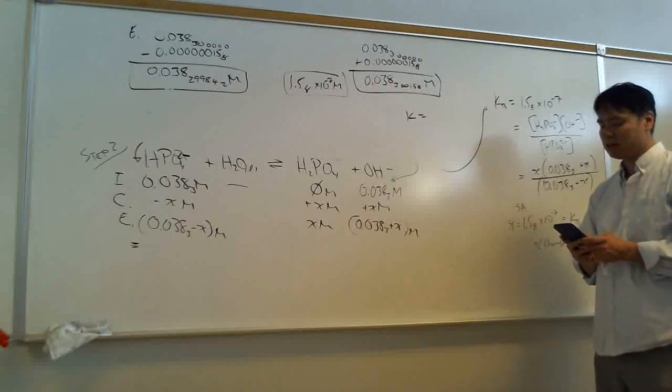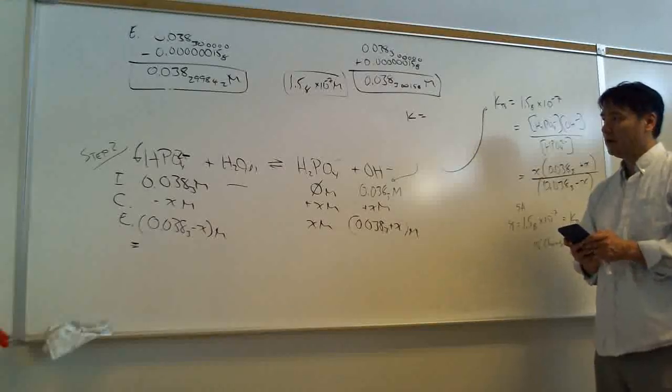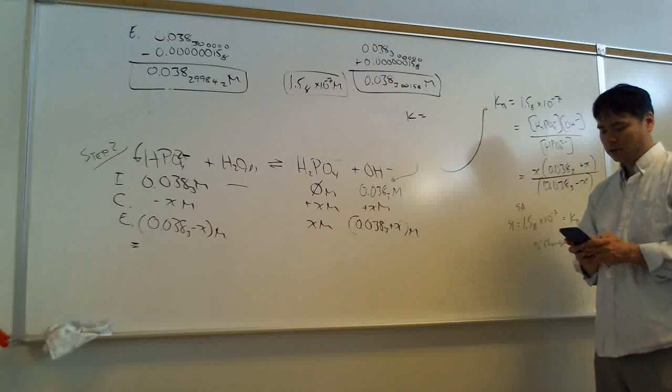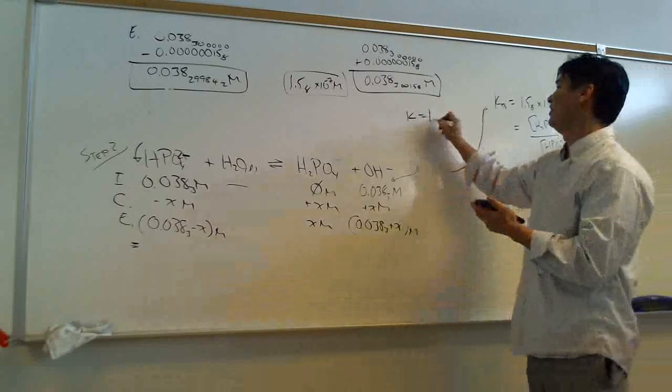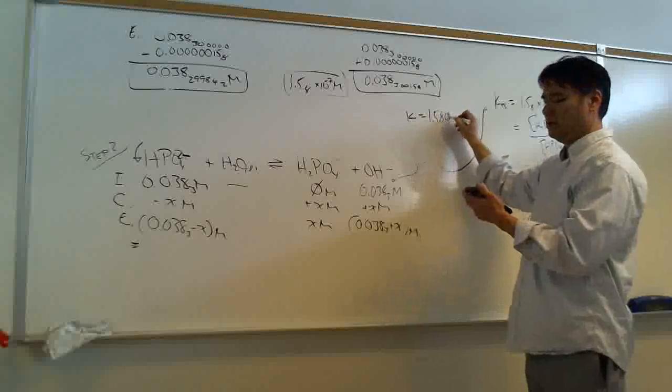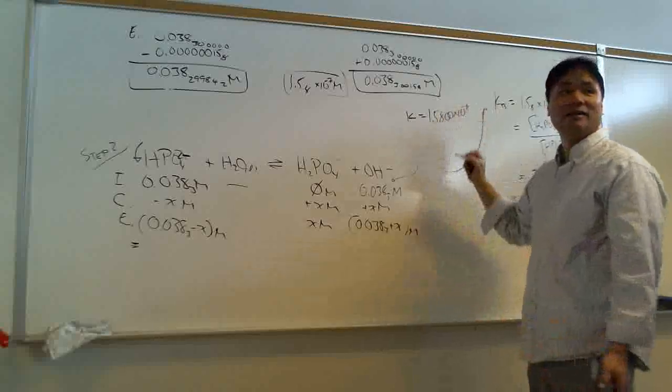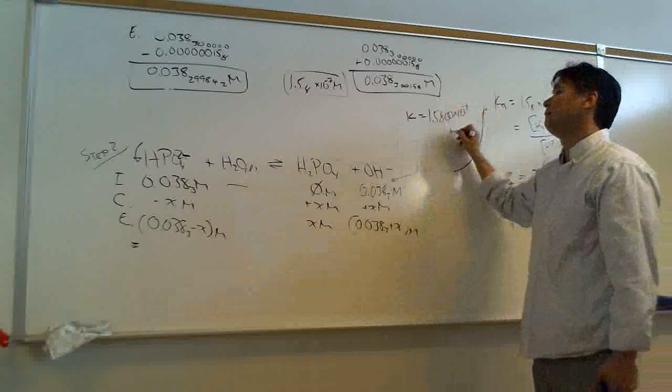I'm carrying extra digits to minimize round-off error. That gives me a K value of 1.5800 times 10 to the minus 7. Is that good? Yeah, that's good.